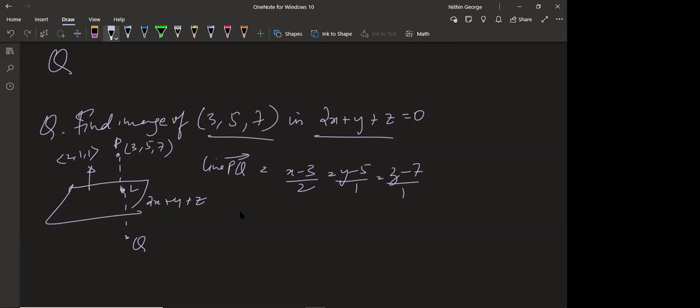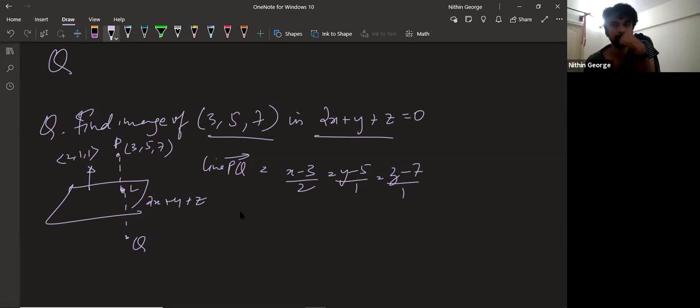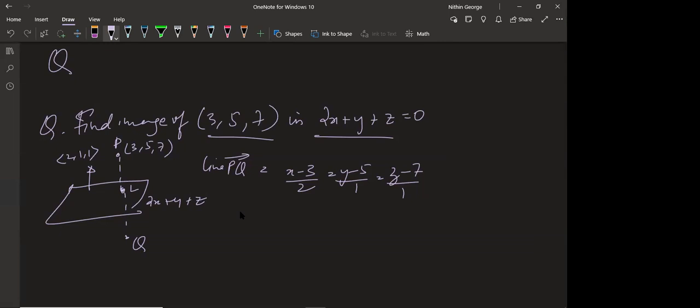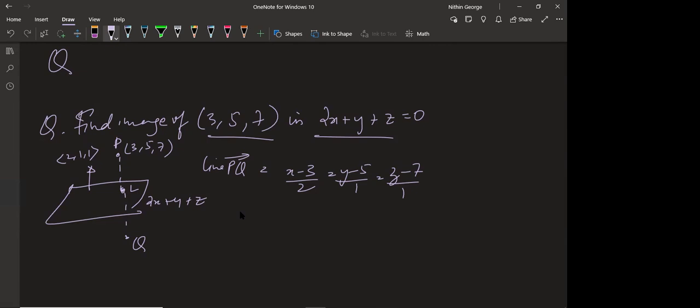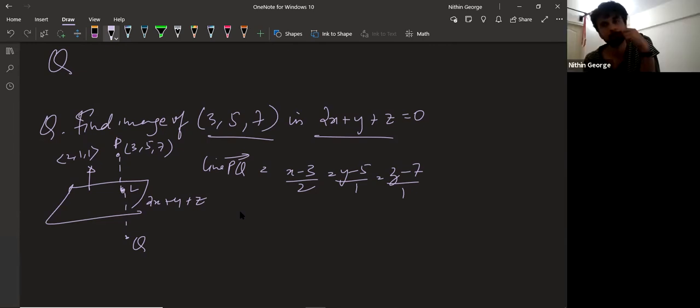I'm getting foot of perpendicular as minus 3, 2, and 4. Harish. So where did you reach? Are you stuck somewhere? I found the midpoint, sir. From the midpoint? Okay. So what will the final answer be?